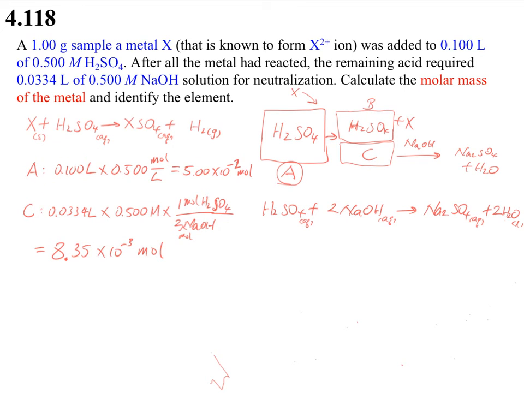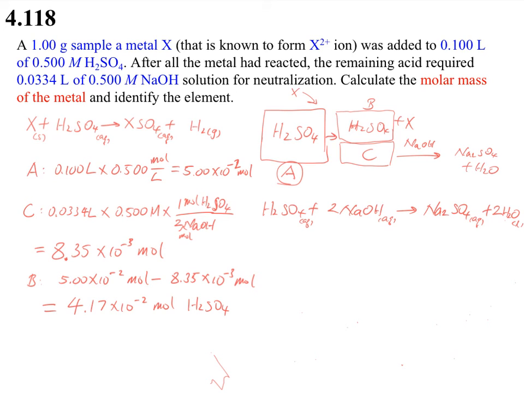The mole number of sulfuric acid in part B is 5.00 times 10 to the negative 2 mole minus 8.35 times 10 to the negative 3 mole, which gives us 4.17 times 10 to the negative 2 mole of sulfuric acid. This amount is the mole number of sulfuric acid reacted with X.